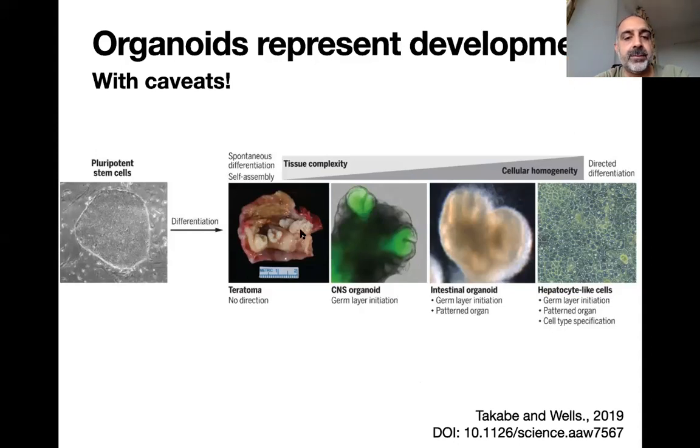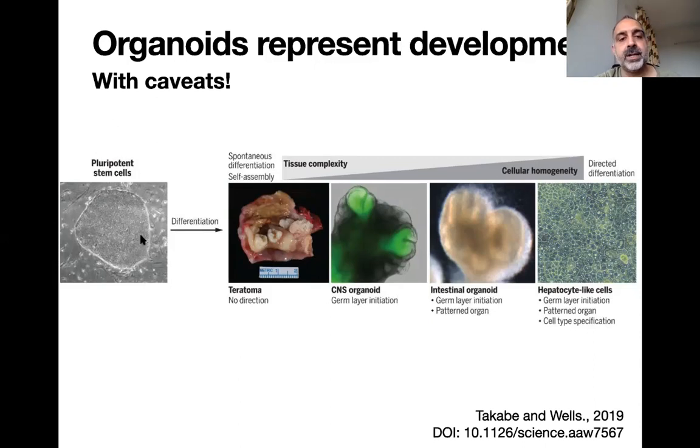For example, what you're looking at here is spontaneous differentiation and self-assembly without any steering of the pluripotent stem cells. What you'll get is a teratoma. I was talking about this in the last lecture. These are either testicular or ovarian cancers that have many different cell types. This one is a tumor that contains teeth, which is incredibly disturbing.